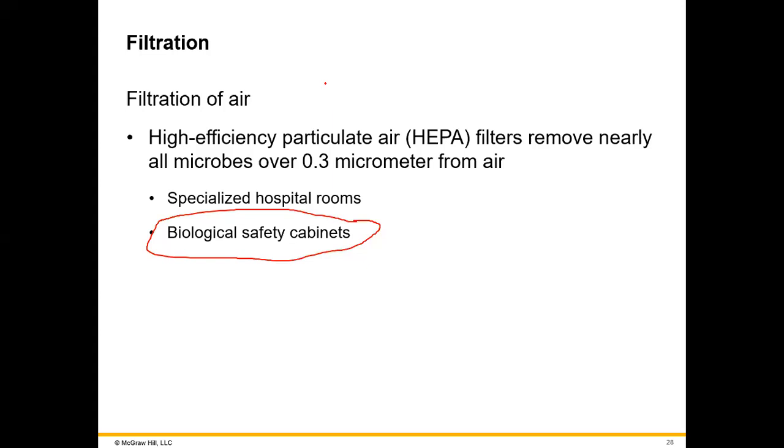The second feature is that along the entire cabinet, where the person is using the elbows and the arm, there are holes, and in that area there is in fact a negative pressure to suck in any air that comes out of the hood. Then it is recycled through a HEPA filter. That's the difference between these two forms of cabinets.